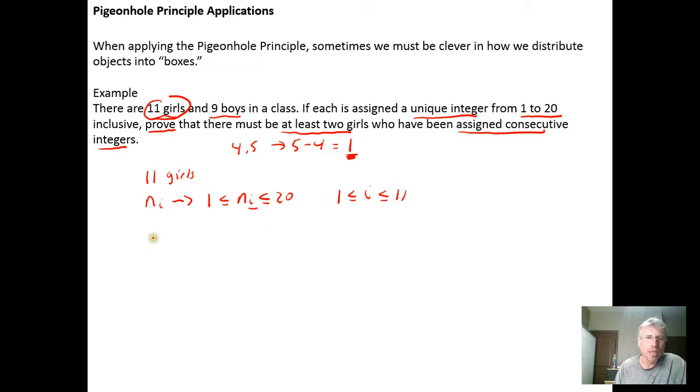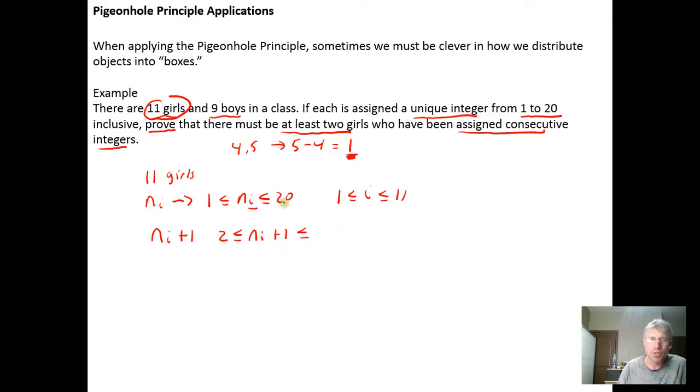And then I'm going to take each n sub i and add 1 to it. I'm going to add 1 because adjacency requires a difference of 1 between 2 things. So this tells me that n sub i plus 1 is going to be a number between, well, the smallest n sub i can be is 1, so the smallest n sub i plus 1 can be is 2.